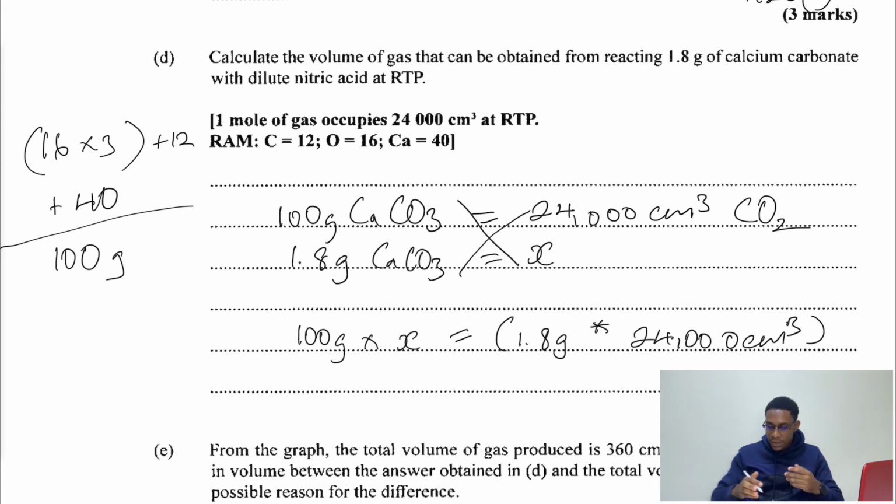We do not have the X by itself as yet. So our next step is to move the 100 grams over to the right hand side, and it is currently being held in place by a multiplication sign. The opposite of multiplication is division, so we have to divide both sides by 100 to get rid of the 100 from beside the X.